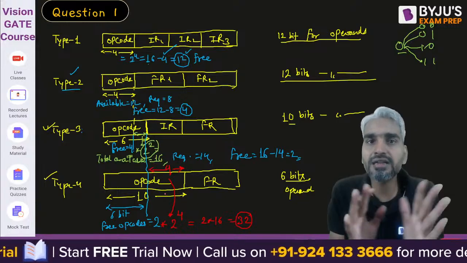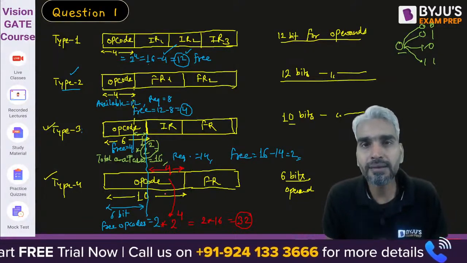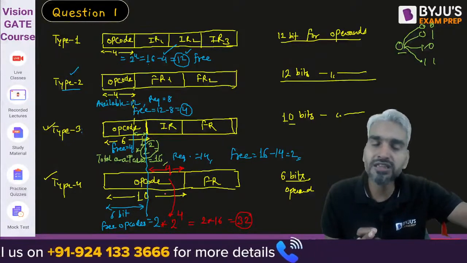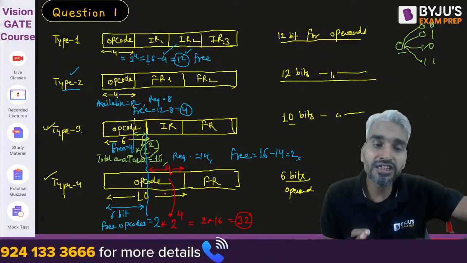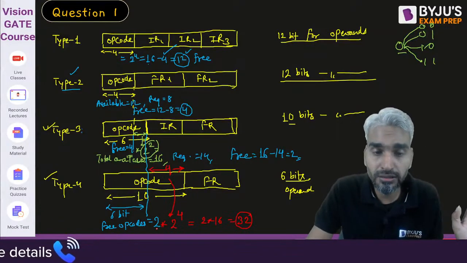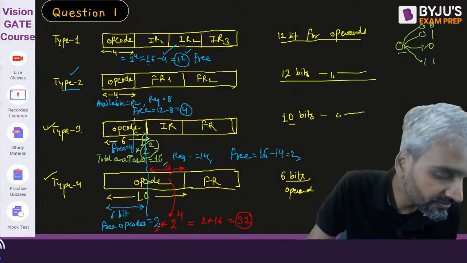So there are still 32 patterns of 10 bits in which the initial 4 bits are not with respect to type 1 or type 2, and the initial 6 bits are not with respect to type 3.